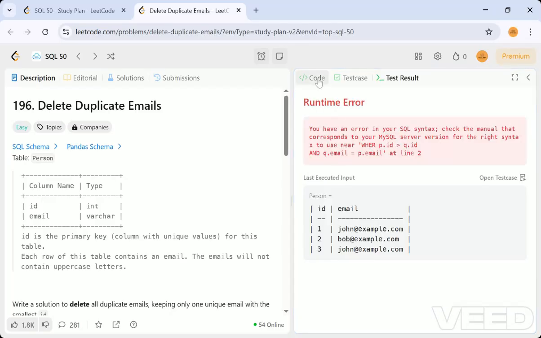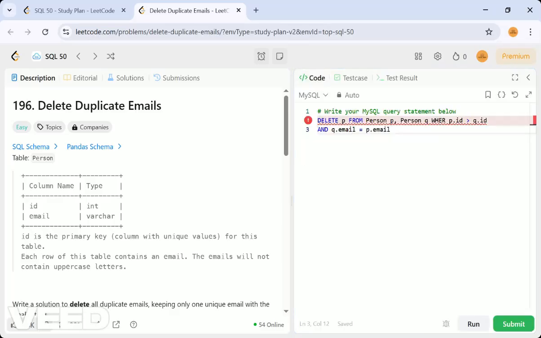Let me check the where spelling, why is it behaving like this? Yes, this case and that case is fine.